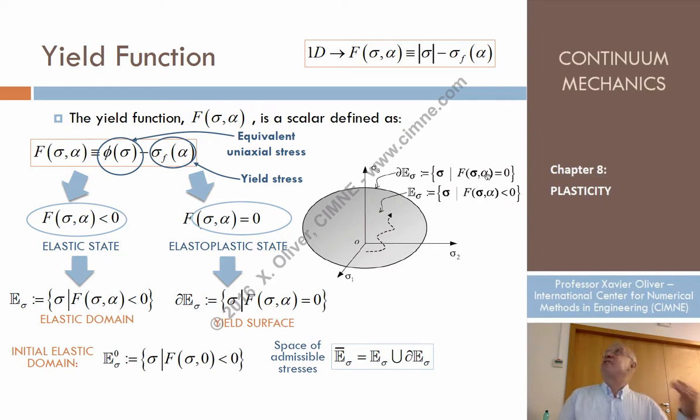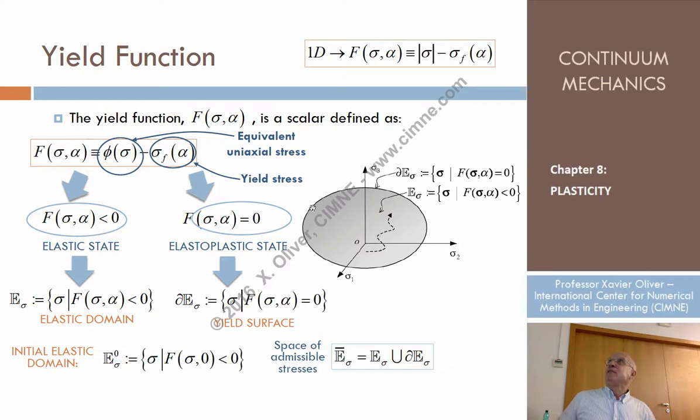Okay? So that is the generalization of what I termed the traffic light, the yield function as a traffic light that says when the function is smaller than 0, that means that we are at the interior of this domain in the stress domain, and we call that state elastic. This is anticipation of what's going to happen here, that the material is elastic. When we are just at the boundary, we can move and stay at the boundary.